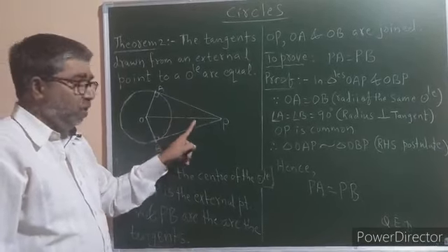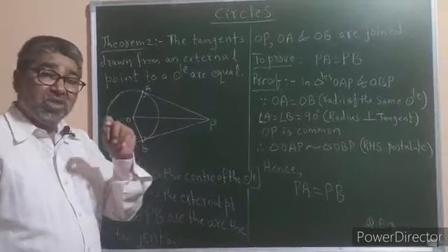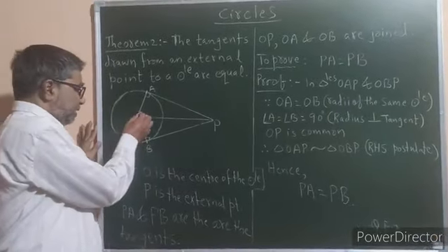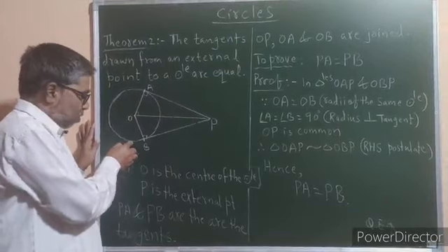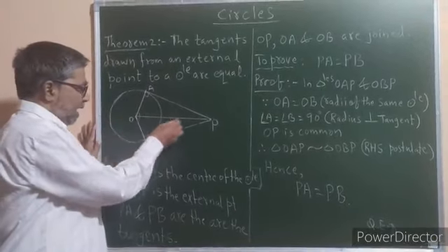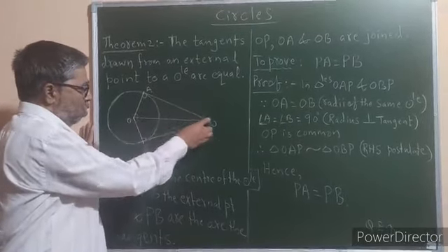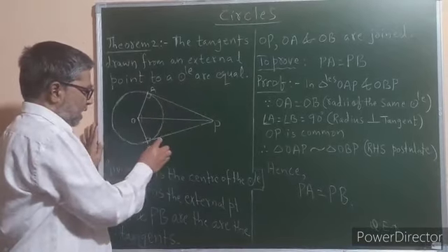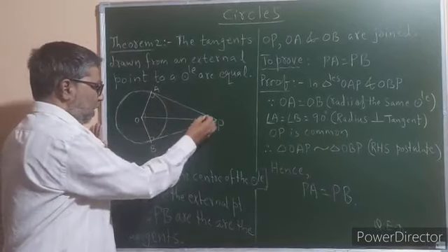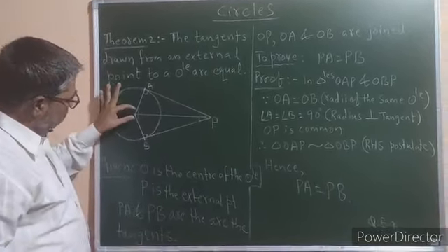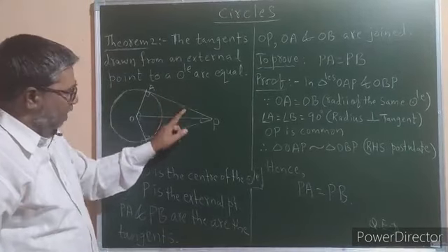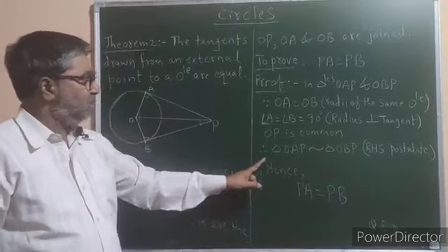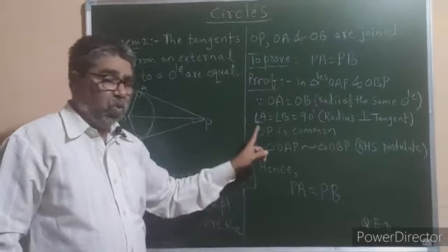Not only are these two sides equal, but angle OAP must also be equal to angle OBP, and angle APO and angle BPO are also equal. So what was given to prove is proved.